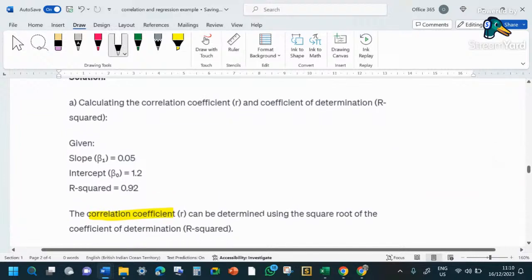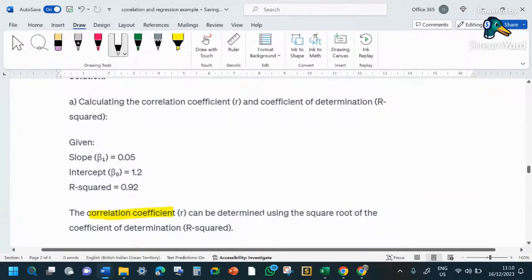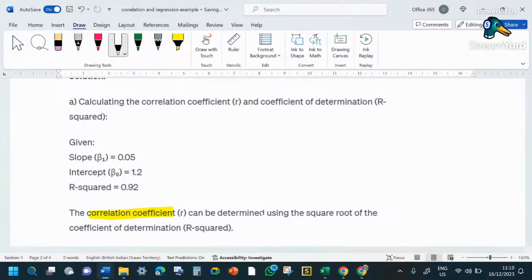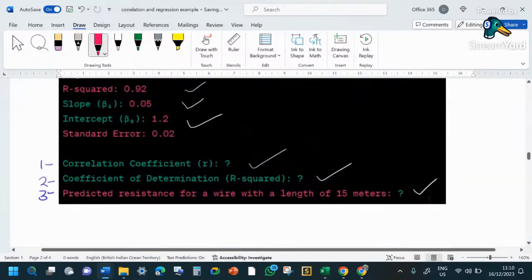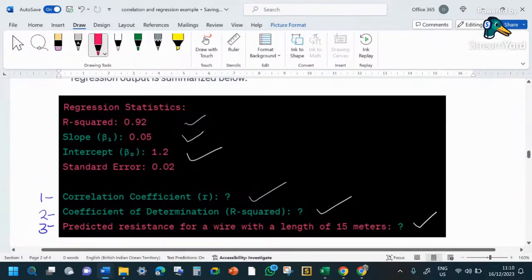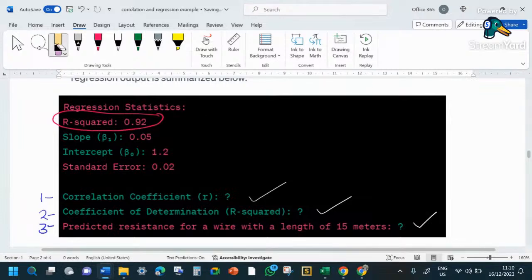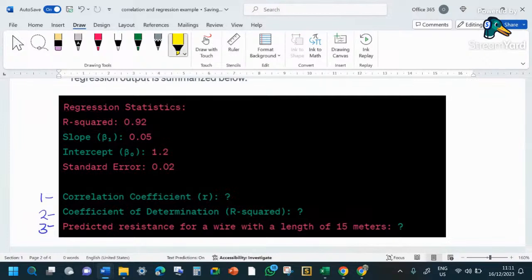Now here's the solution. First, you have to calculate the correlation coefficient. Because R square is given, I should say, 0.92. You can see that from the summary in the black background. The first one, okay?